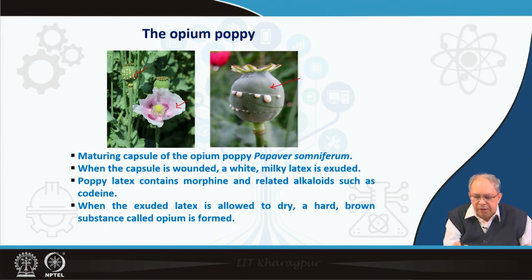If you make a sharp incision with a blade, you will see milky sap or droplets coming out, which are called latex, and these are a rich source of morphine and related alkaloids such as codeine. So normally the capsule needs to be wounded, and only then the latex will be exuded. This latex can be collected and later tested for the presence of these alkaloids, and when this latex is allowed to dry, it forms a hard brown substance, which is called opium.